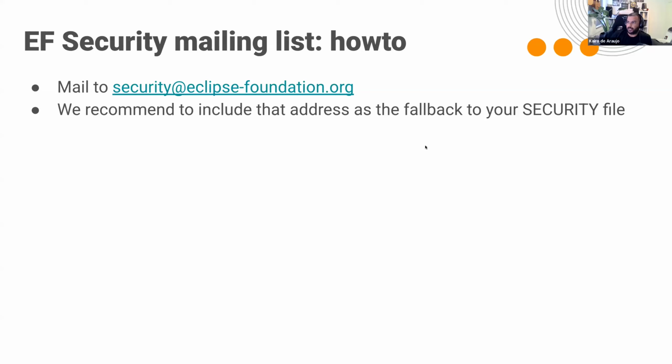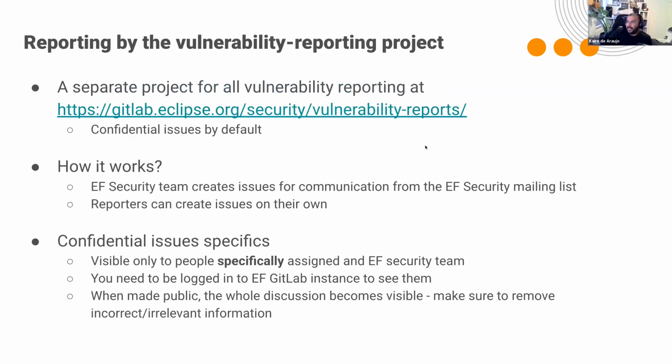Try to be very clear in the information, and we really recommend you address everything that is described. If the product has a security file, check everything that the product says you should consider while reporting the vulnerability and add it to the email.